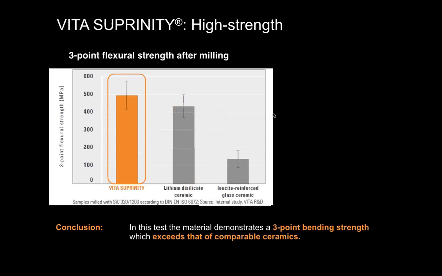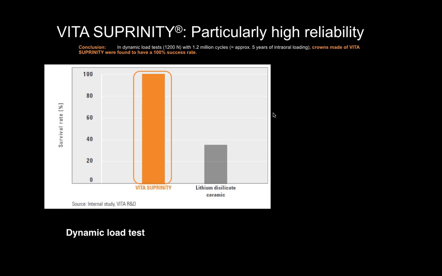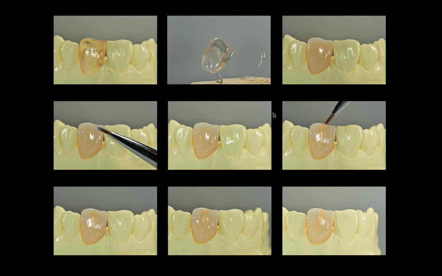So we can basically say that Suprinity is about 100 megapascal stronger than lithium disilicate. We can see very nicely on the survival rate, on the reliability test, the dynamic load, that Suprinity is just far more superior.